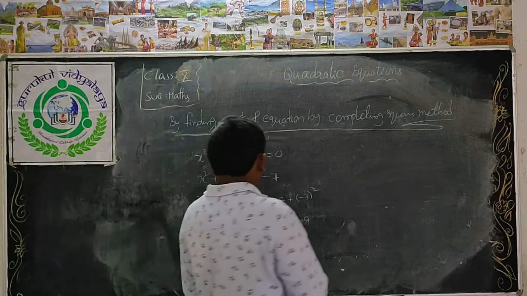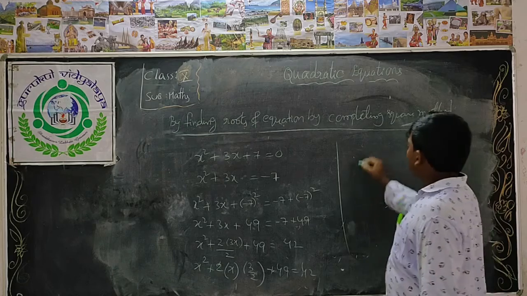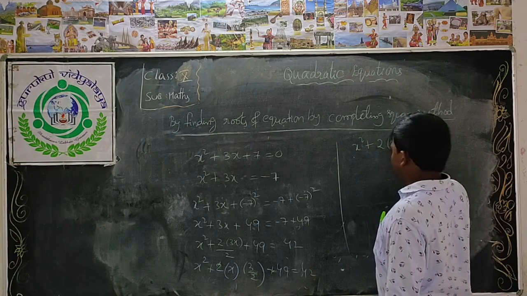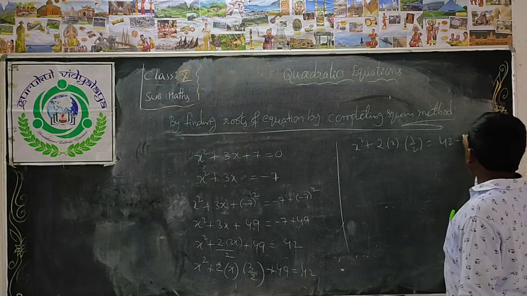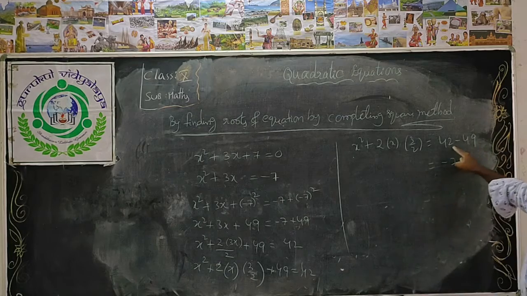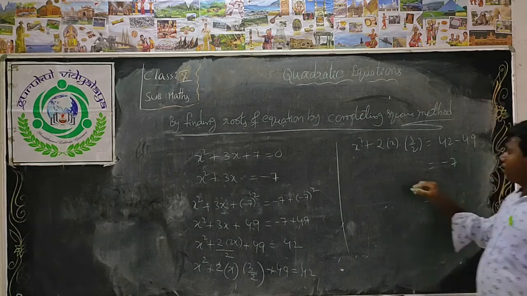Now this 49 sent to the RHS side: x square plus 2x times 3 by 2 is equal to 42 minus 49, which becomes minus 7.